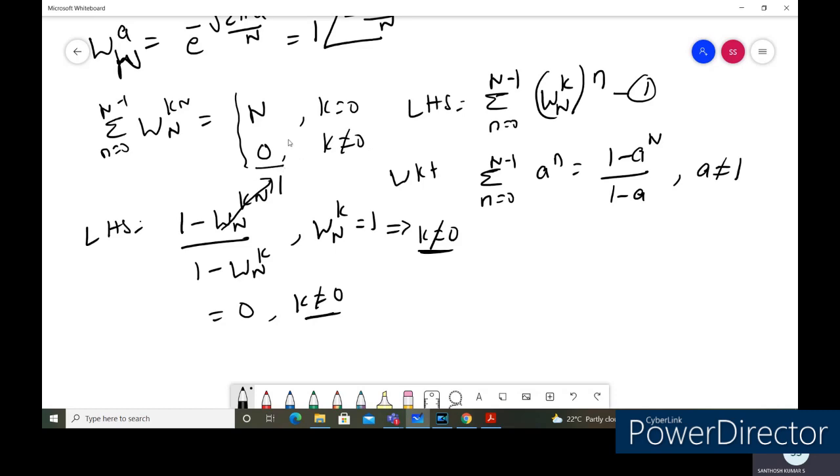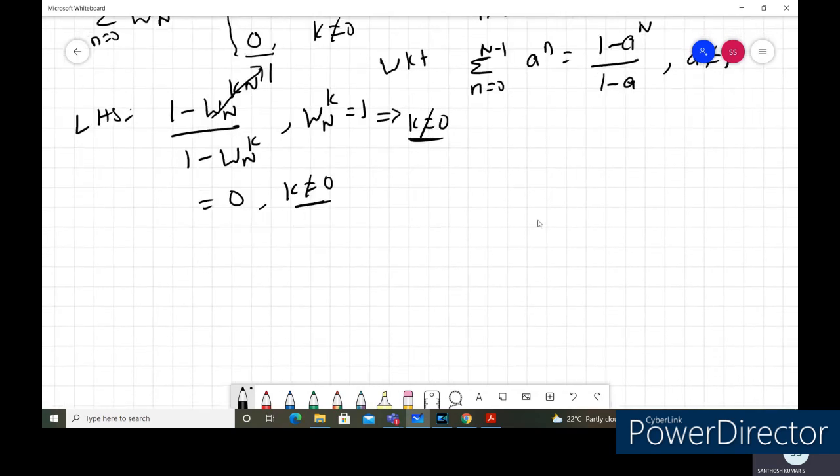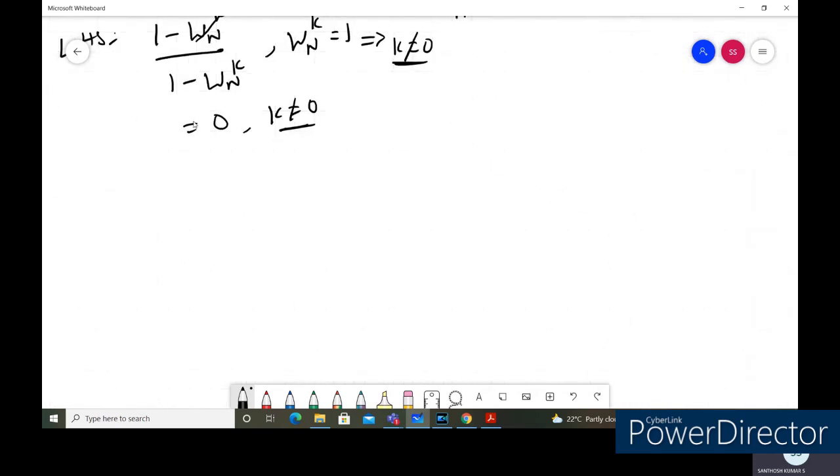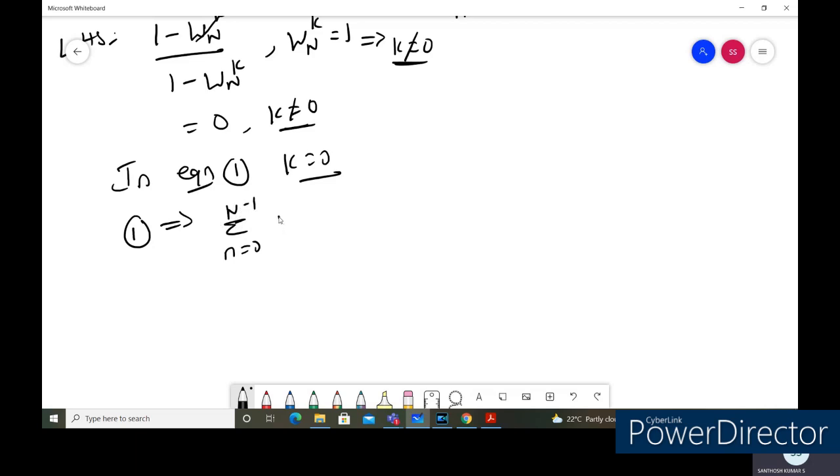Now let us substitute k equal to 0 in equation 1 and evaluate that proof. Equation 1 becomes summation n equal to 0 to N minus 1 of omega N to the power of 0.